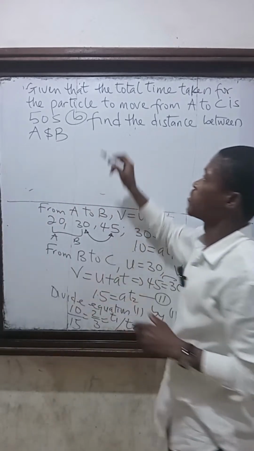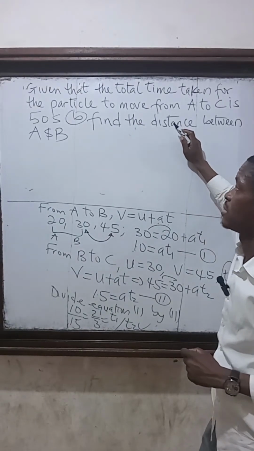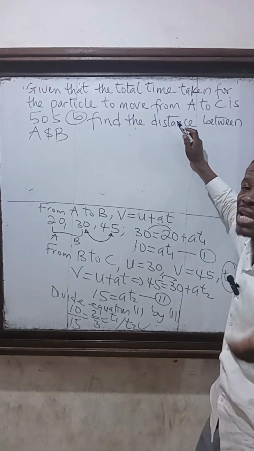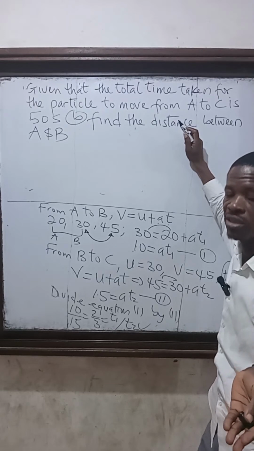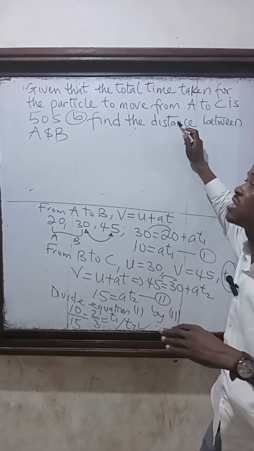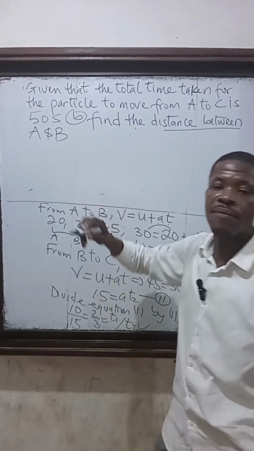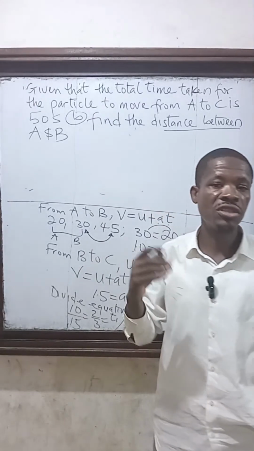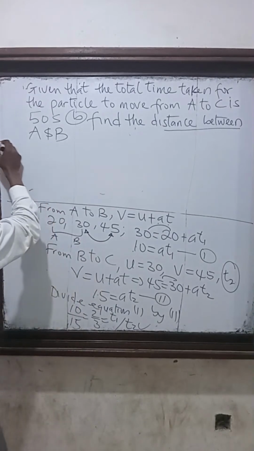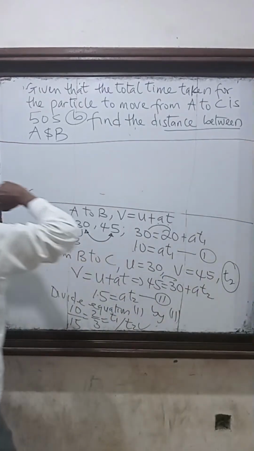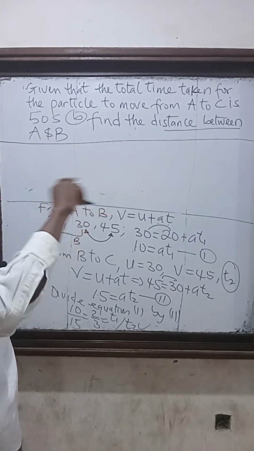Here is the continuation of the question: given that the total time taken for the particle to move from A to C is 50 seconds, find the distance between A and B. So what we're going to do in this question, the total time taken for the particle to move from A to C is 50.